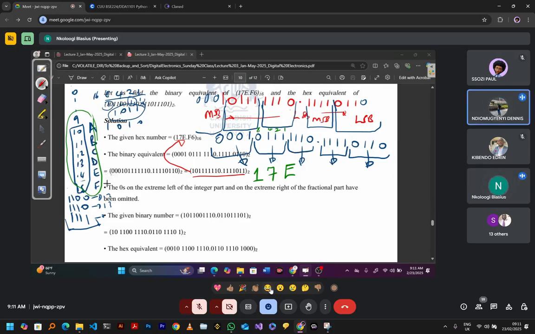Then 15 is F. So let's use the weights there also: 1, 2, 4, 8. 8 plus 4 is 12, 12 plus 2 is 14. Then the point. What is this one? 15.